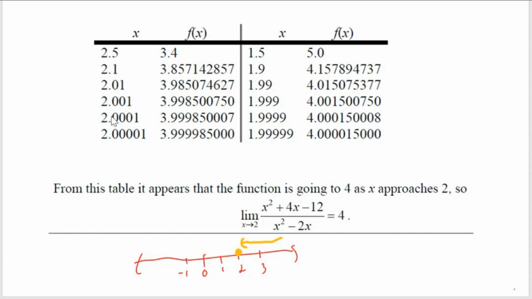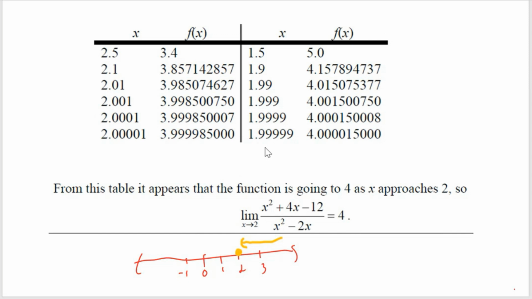Based on this table, it appears that the function is going to 4 as x approaches 2. Therefore, we write the limit of x squared plus 4x minus 12 all over x squared minus 2x as x approaches 2 is equal to 4.